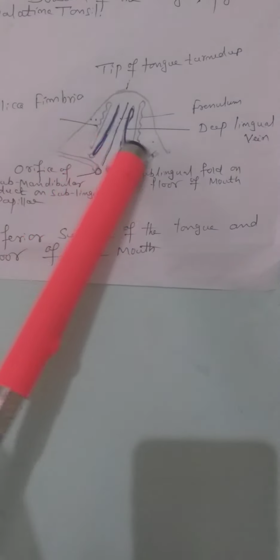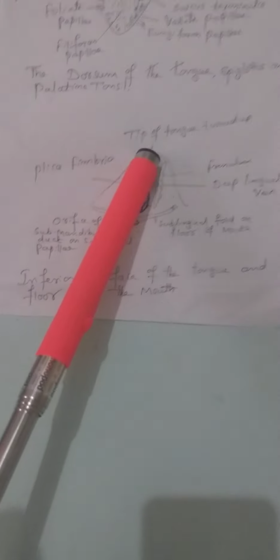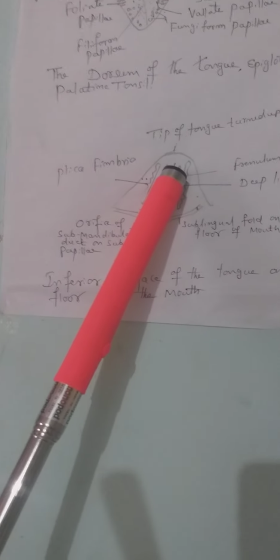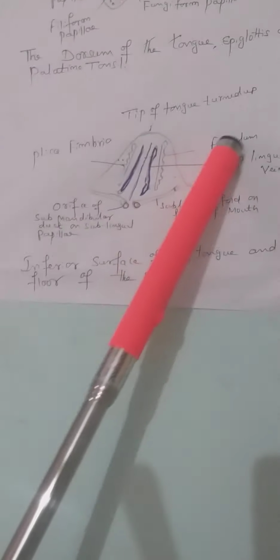When you see the inferior surface of the tongue, there is the deep lingual vein. The frenulum is here. It ties the tongue to the floor of the oral cavity.